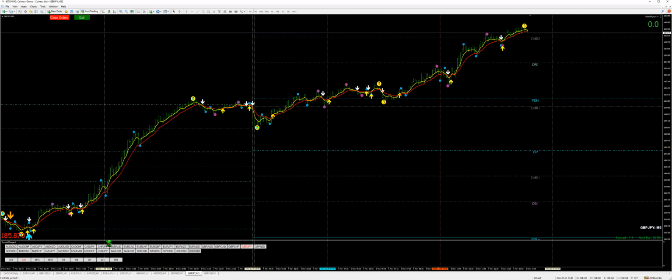I hope that illustrates the system a little bit better, how to filter your trades. It's rare that the weekly will change direction in the middle of the week, or the daily will change direction in the middle of a day. So if you get a weekly and daily match, you have a pretty strong H1 trade.